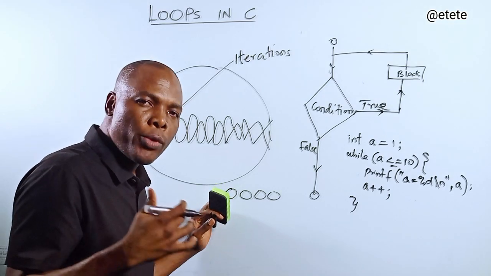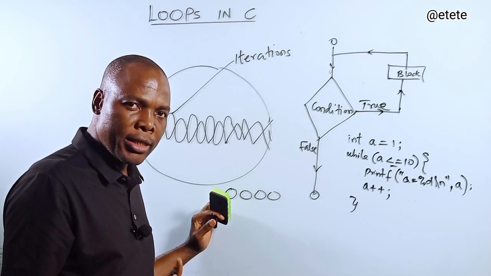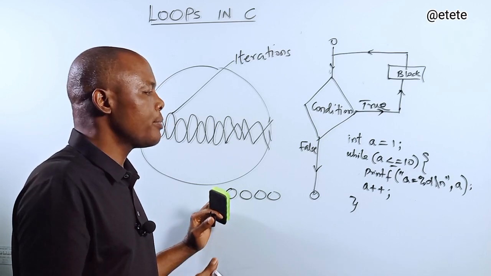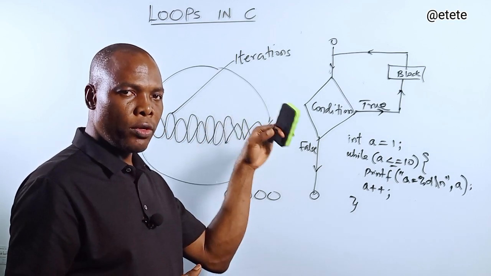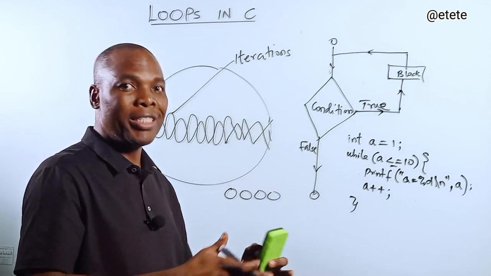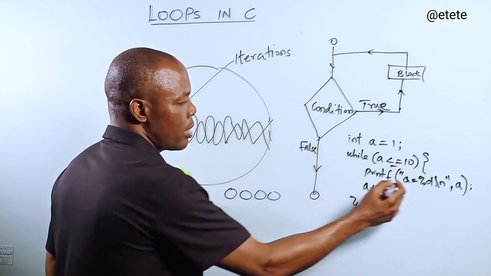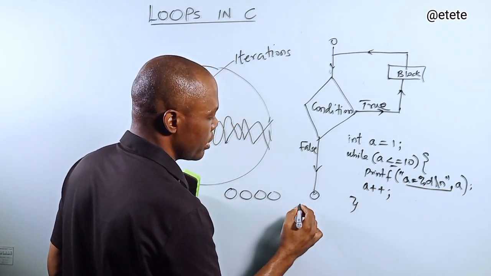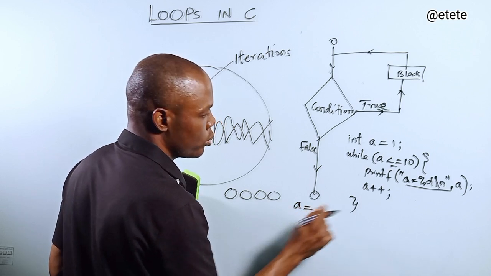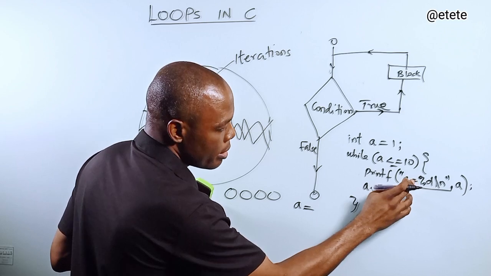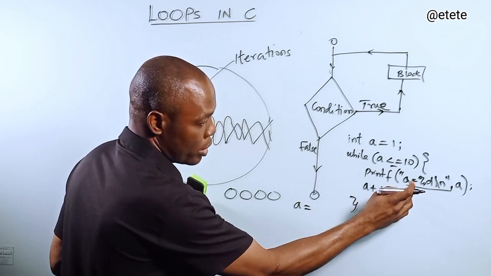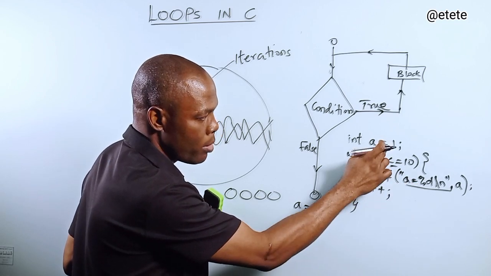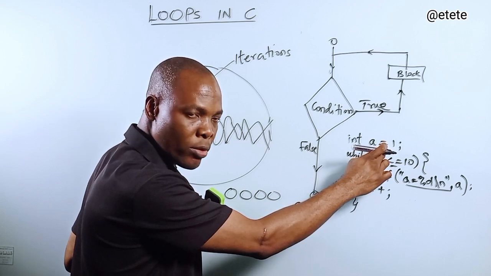Now, with our concept of manifestation in reality, using programming as a guide, what this loop wants to give us as the manifestation, which is the reality, is a equals to, because in English this is equals to, but in programming it is the assignment operator.